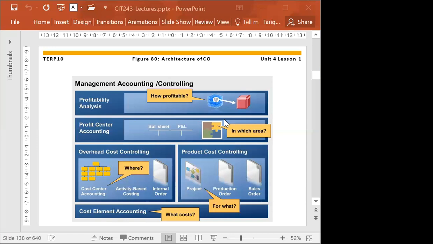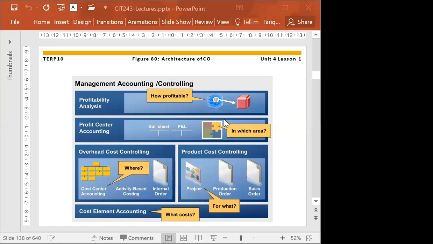And similarly, we do have assets management. Every asset has a depreciation cost or interest we are getting on some of our investments. So those depreciation transactions or interest transactions go to the cost center, and they get recorded in finance as well. So from there, it moves to management accounting.